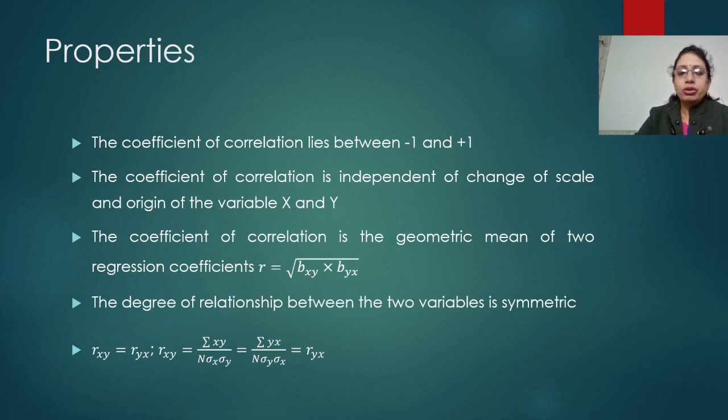Second, the coefficient of correlation is independent of change of scale and origin of the variables x and y. Third, the coefficient of correlation is the geometric mean of two regression coefficients. And the fourth one, the degree of relationship between the two variables is symmetric.